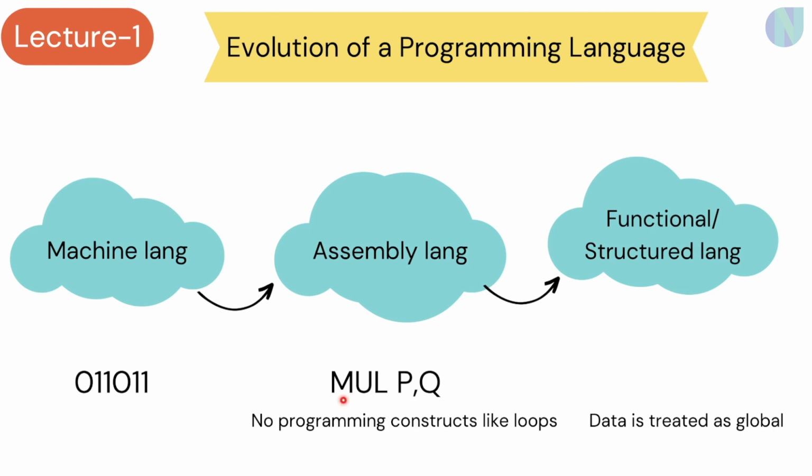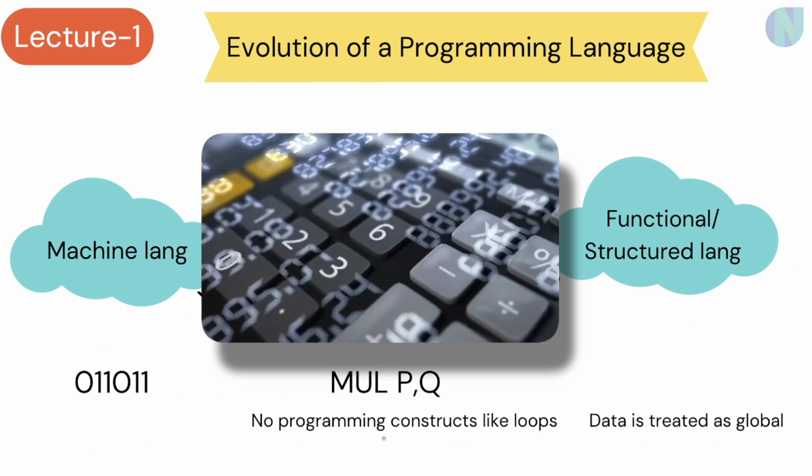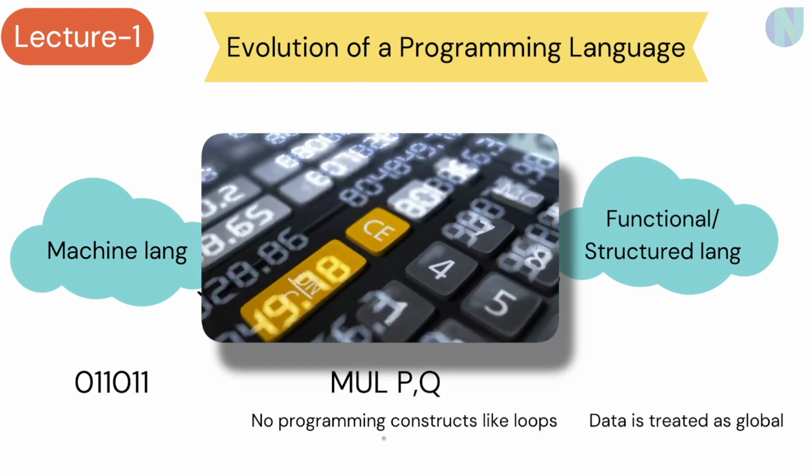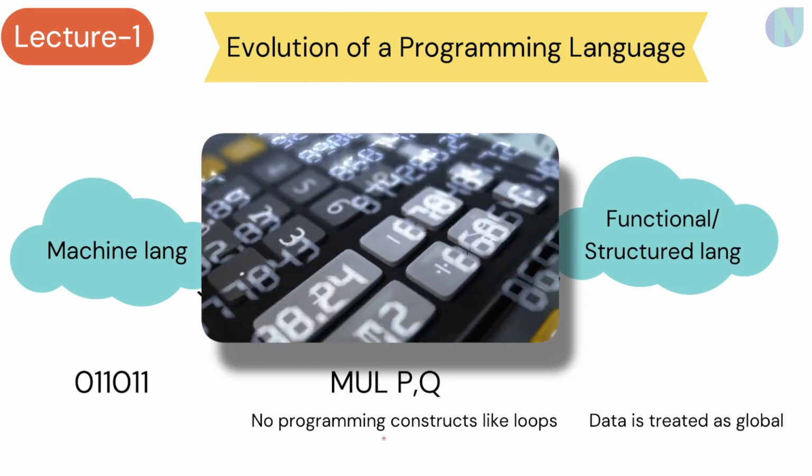In this MUL P Q, basically it implies multiplication of P and Q. So we switched from binary notations to some instructions, but in this no programming constructs like loops were used. That was the reason behind switching from assembly language to functional language. We had to do an ample number of calculations for just doing a normal addition from 1 to 100.